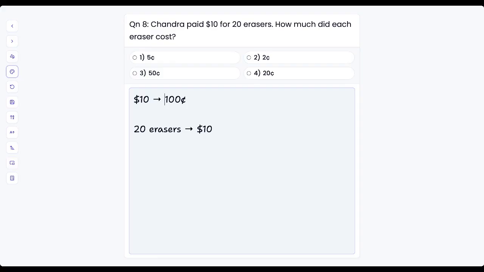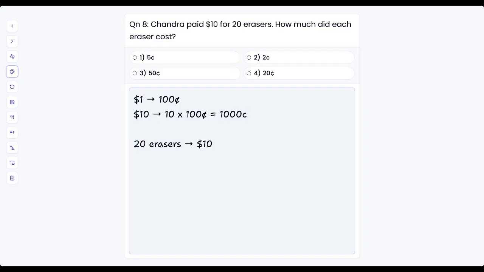100 cents is $1, so you're almost there. What about $10? $10 is 10 times 100 cents, which is equal to 1000 cents. So now we know that $10 is 1000 cents. So 20 erasers is 1000.